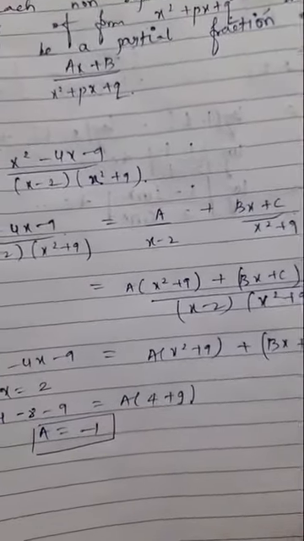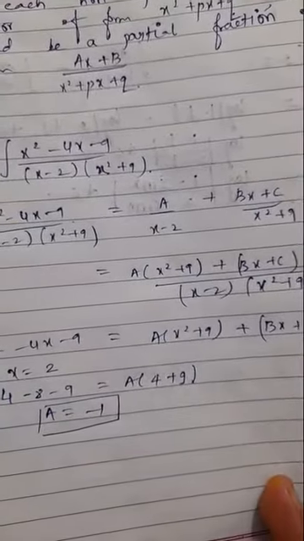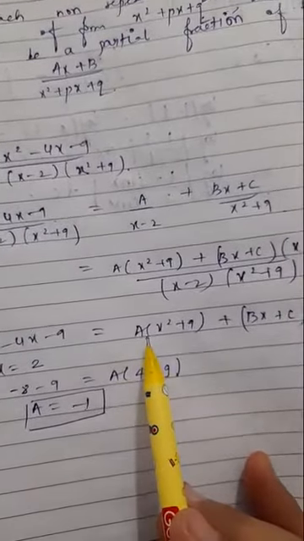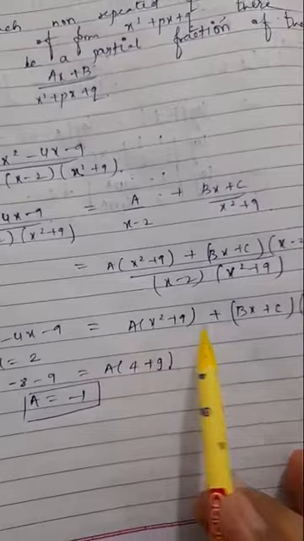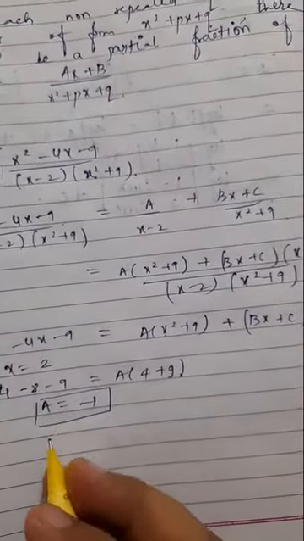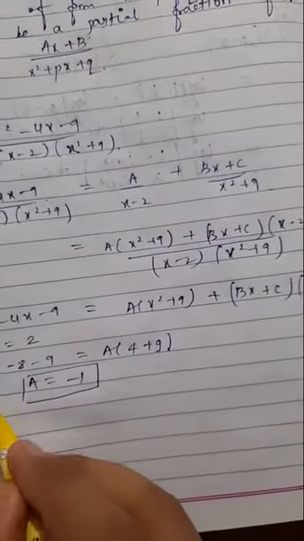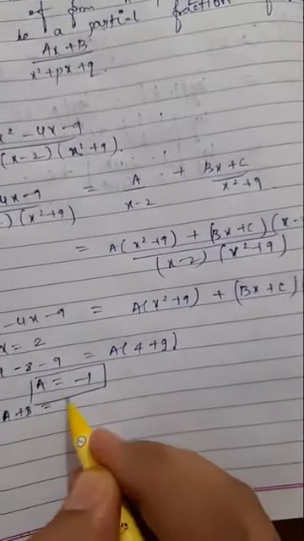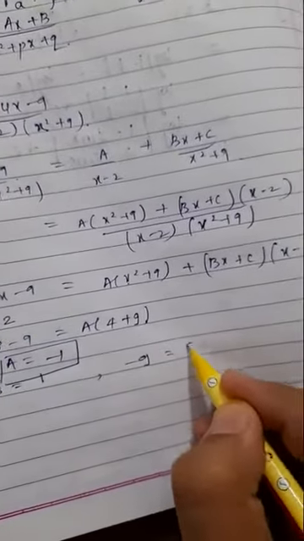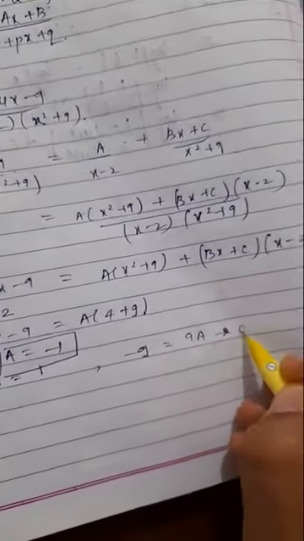Right? Now equating the coefficients of x square, x and the constant term on both sides, we take all the terms with x square, x and the constant term, and after doing that step, we get a plus b equal to 1 and minus 9 equal to 9a minus 2c.